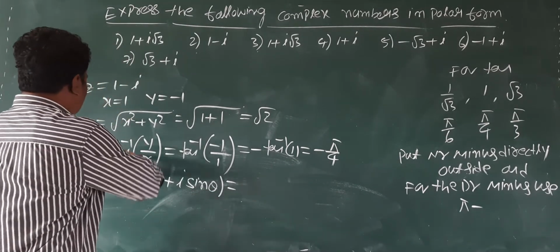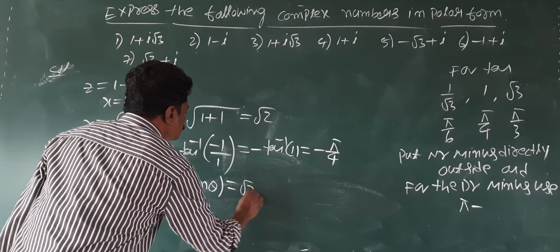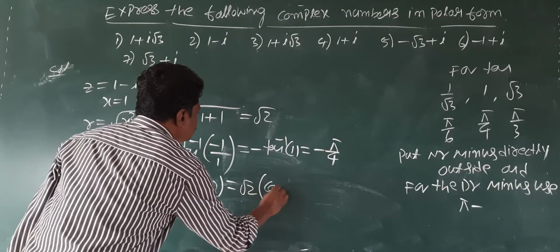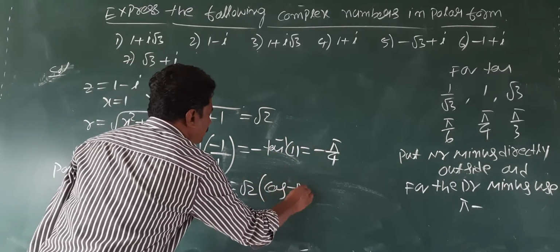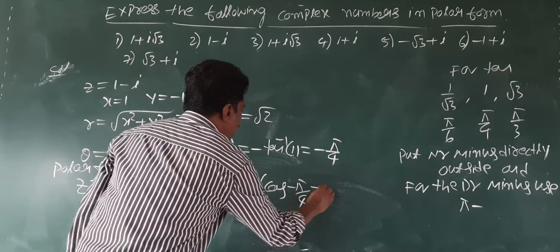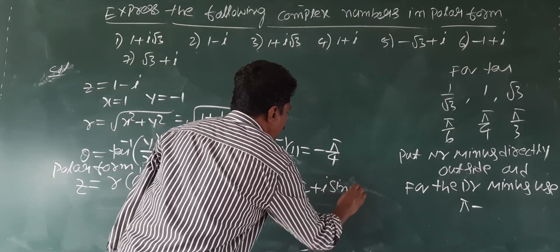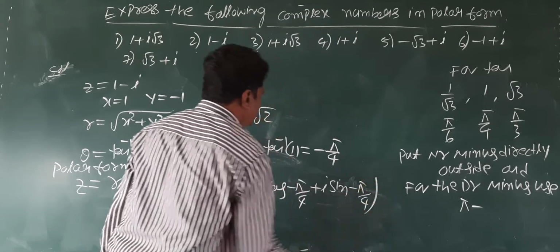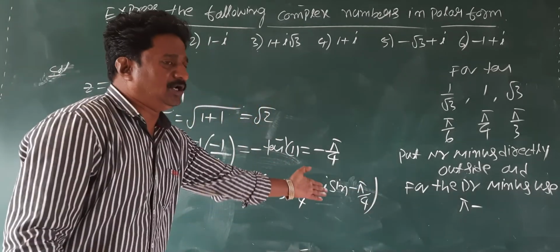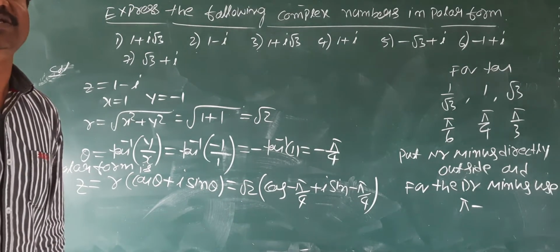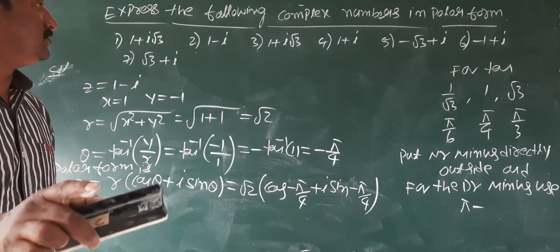So r, tell me r, root 2. So root 2 into cos, tell me theta, minus pi by 4, plus i into sin minus pi by 4. So this representation of a complex number is called the polar form of a complex number.